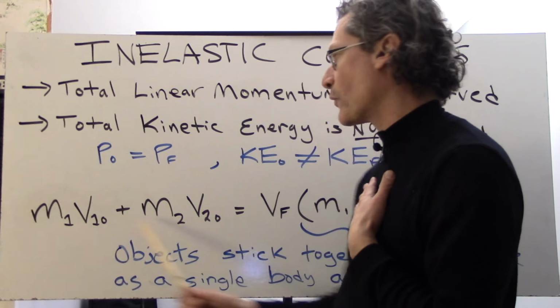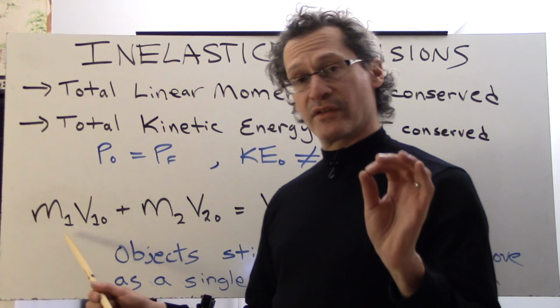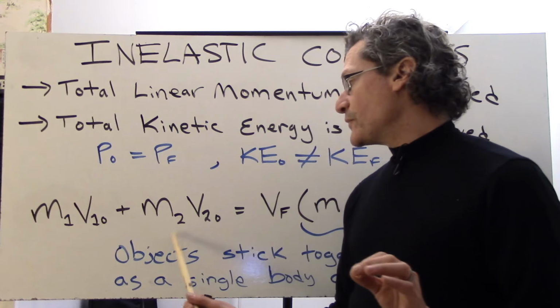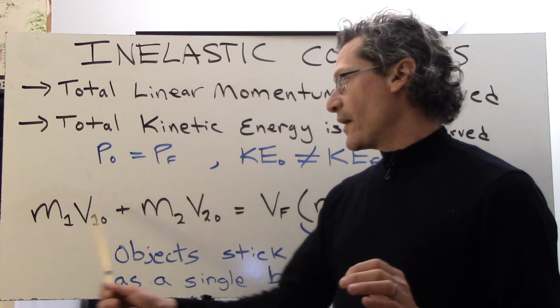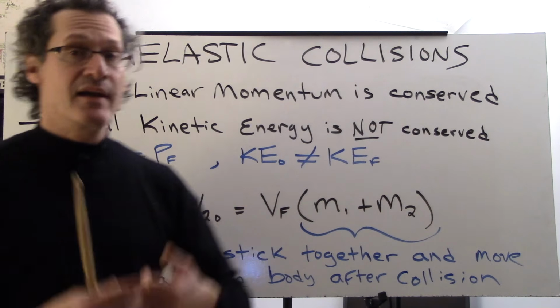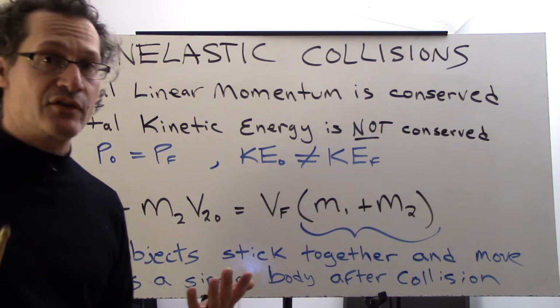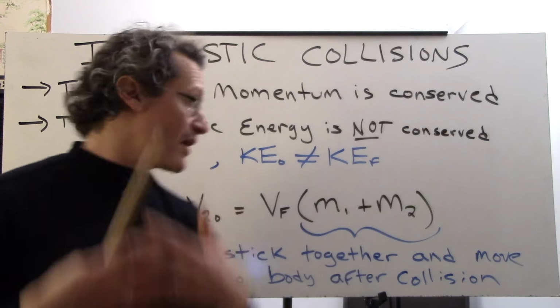So here it is. Here's the before part, P naught. We have m1 v1 naught as the momentum of object 1, m2 v2 naught, the momentum of object 2. And they combine like this because here's the action in an inelastic collision. The two objects collide and stick together and become one.